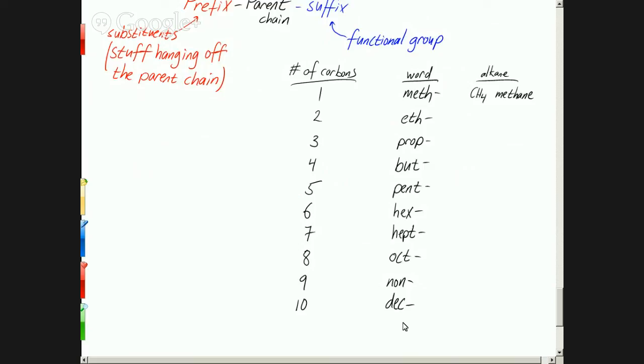So I'm going to draw a couple lines here just so we don't get lost and get misaligned or something. So if we have a chain of carbons with 5 carbons and hydrogens everywhere, what would the name be? Pentane, right? So see how that works? Okay, so let's look at some names that get a little bit fancier than that.